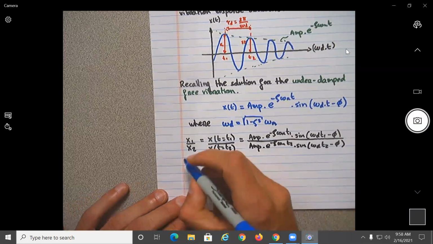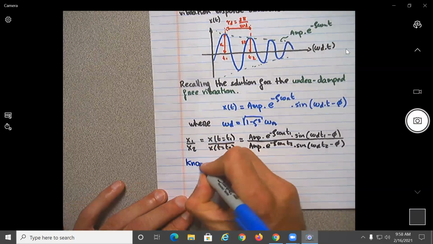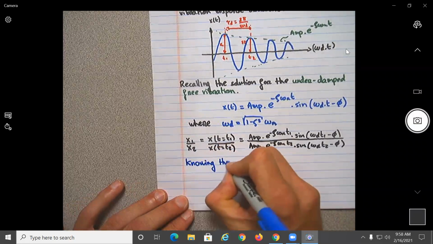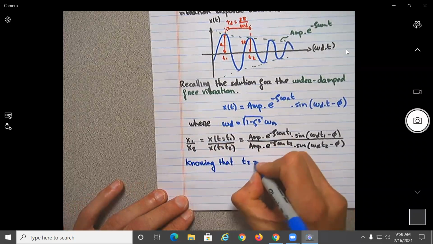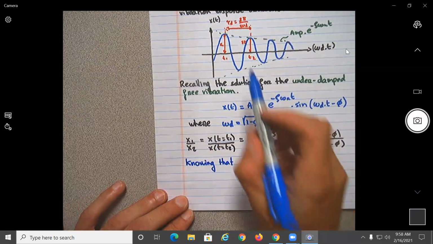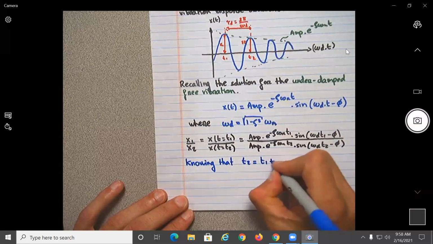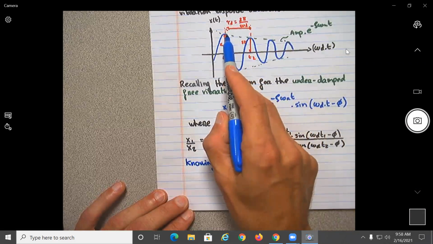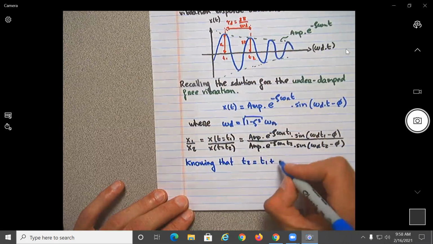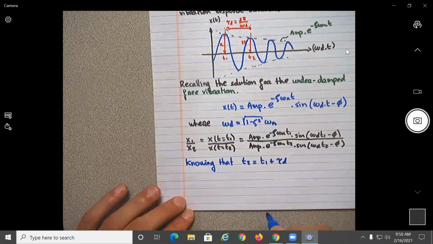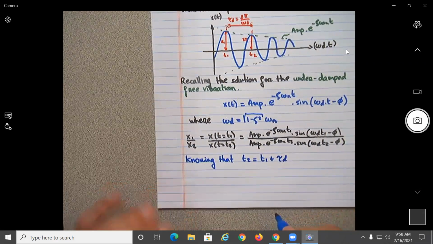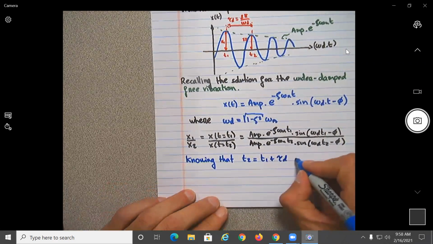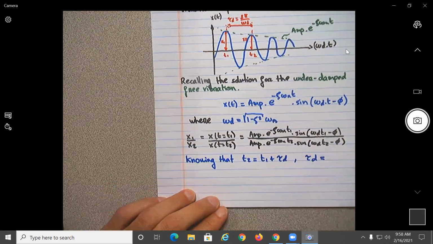Okay, so let's put here, knowing that t2 is actually equal to what? t2 will be equal to t1 plus whatever time is needed to go from this point to this point, which is the period, tau sub d, where tau sub d we know is equal to 2 pi divided by omega sub d.